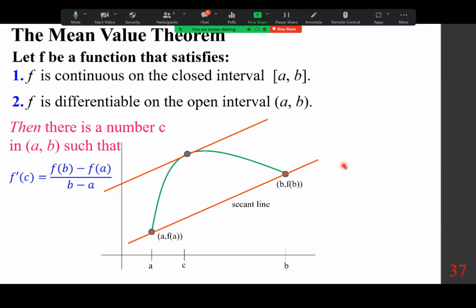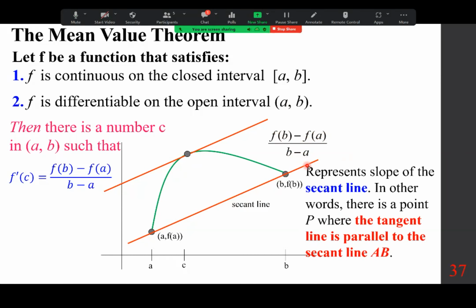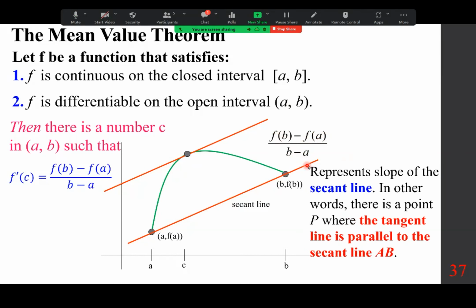This is A f of A, this is B f of B, and the slope is f of b minus f of a over b minus a, or y sub 2 minus y sub 1 over x sub 2 minus x sub 1. So it represents slope of a secant line. In other words, there is a point P where the tangent line is parallel to the secant line. That's extremely important.